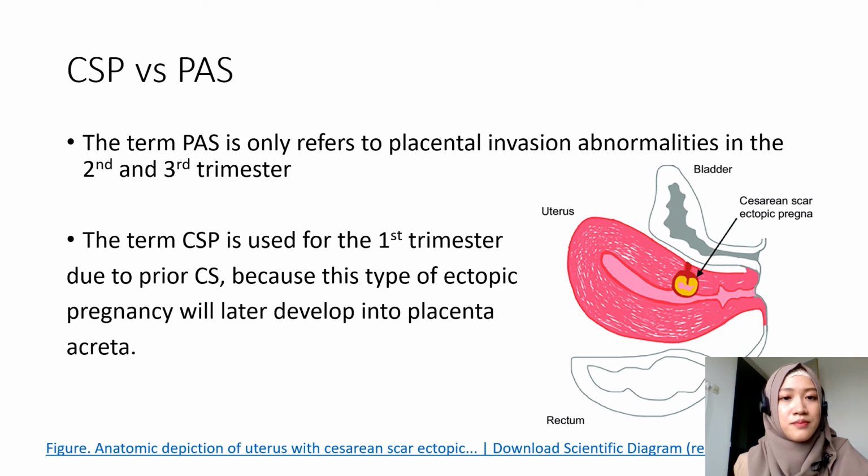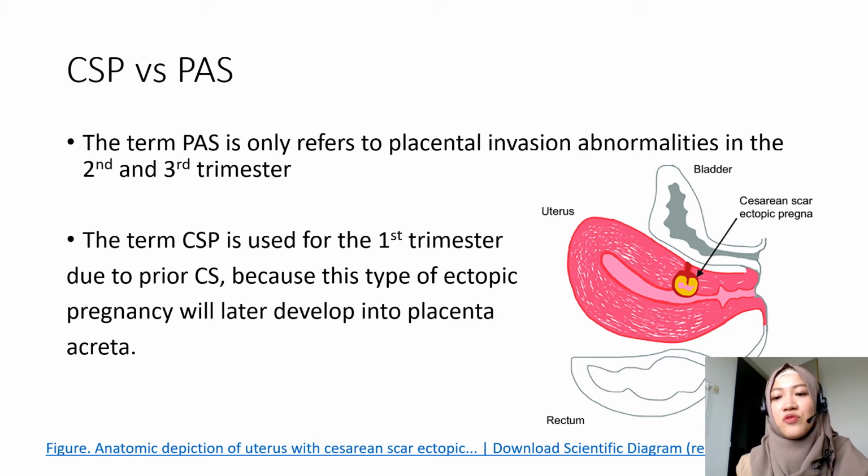And how about PAS? PAS is placenta accreta spectrum. The term PAS only refers to placental invasion abnormalities in the second and third trimester, while the term CSP is used for the first trimester due to prior CS, because this type of ectopic pregnancy will later develop into placenta accreta.